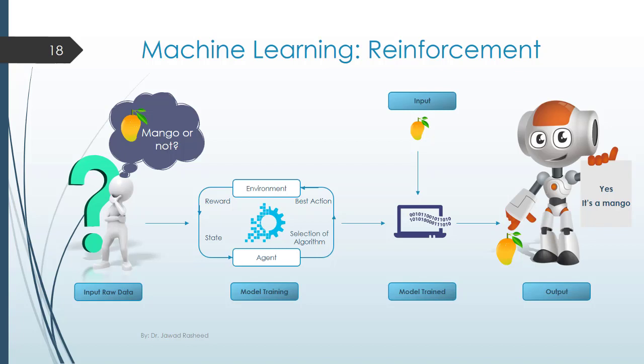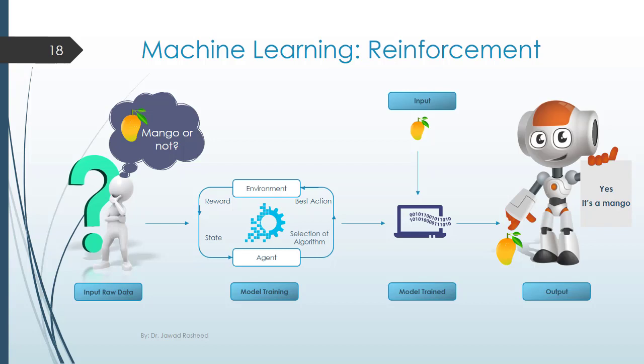You are giving the raw input, and it does not know yet whether it is a mango or not. There is an environment, and from that environment it is being reinforced. Then there is selection of the algorithm, and it goes back. If the action is the best action, then it gives the reward.